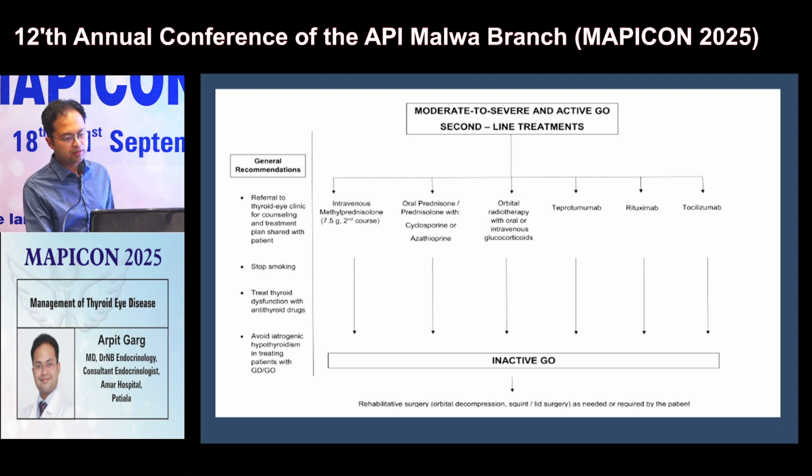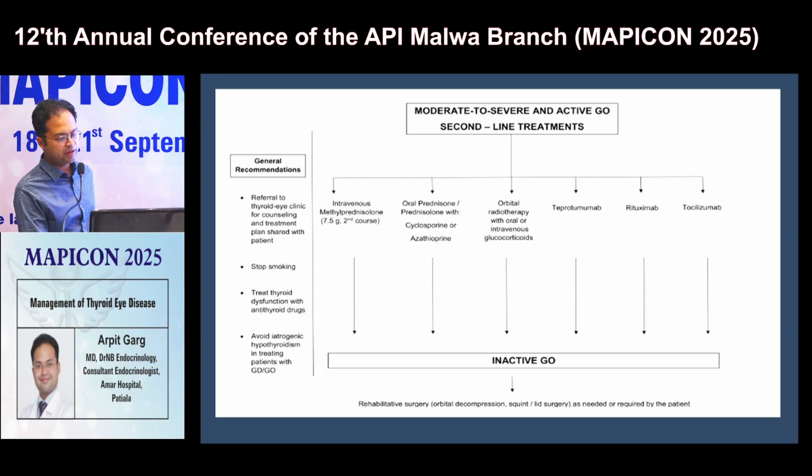So coming to the second line treatments, we have a lot of drugs like repeated course of IV methylprednisolone. We can give oral prednisolone also, cyclosporin, azathioprine, orbital radiotherapy is there. Then teprotumumab, it is a humanized monoclonal antibody, which is a newer drug, and I'll be discussing about this in the next slide. Then the rituximab and tocilizumab, these are still under research.